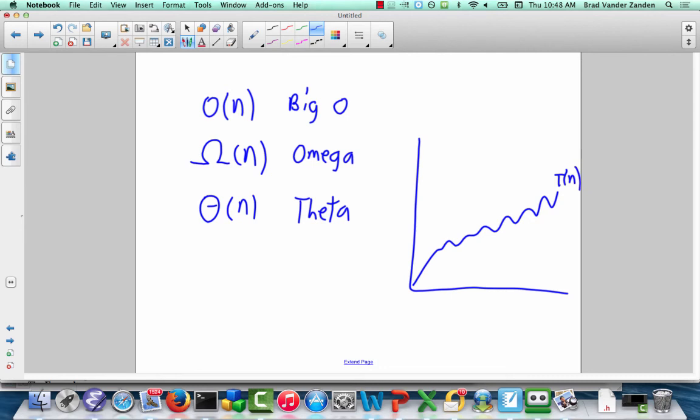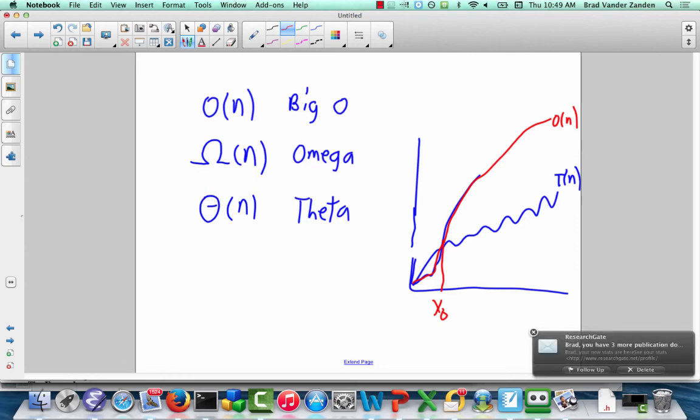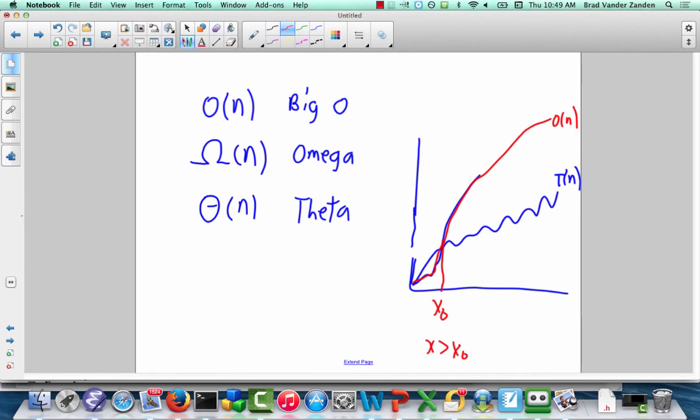What we're going to find is something that at some point x0, the function O of n becomes always greater than t of n. For any value x greater than x0, if we graph it, O of n is greater than t of n.